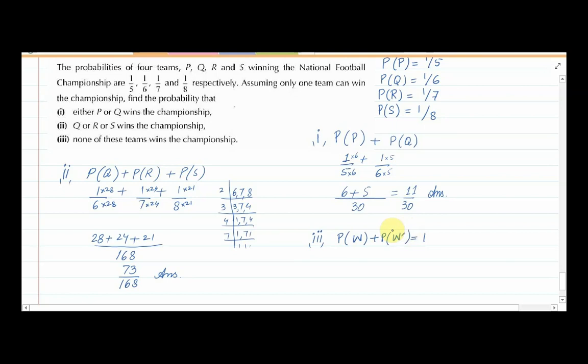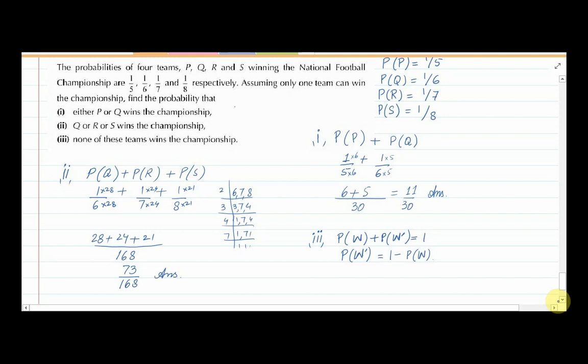That means we need to subtract probability of winning from 1. So probability of winning is basically all the numbers P, Q, R, S: 1 upon 5, 1 upon 6, 1 upon 7 and 1 upon 8. So probability that no team will win is equal to 1 minus probability that any team wins the match.